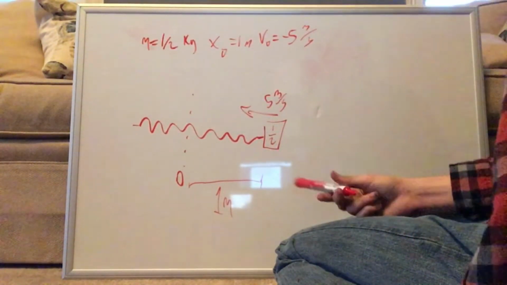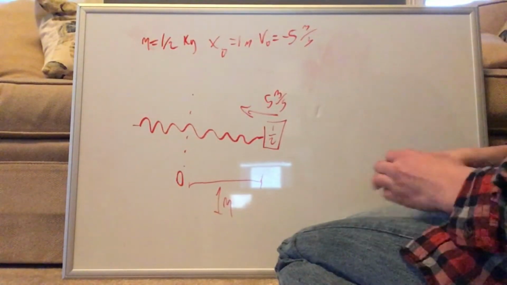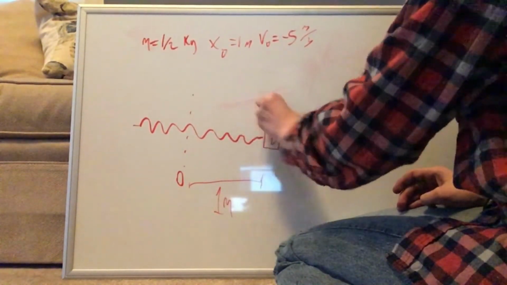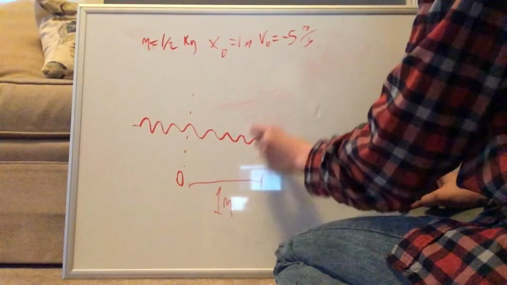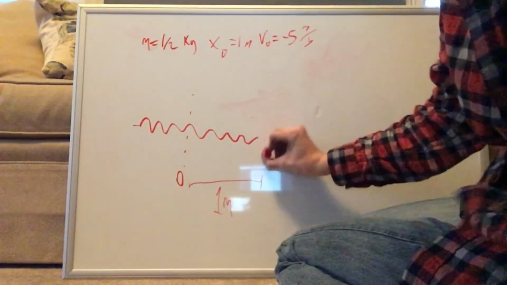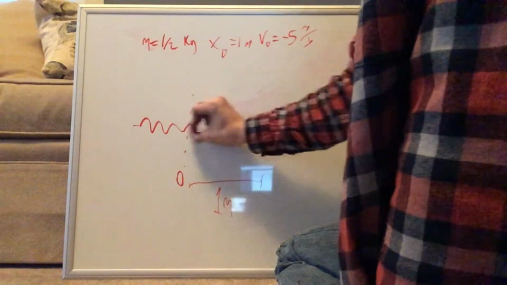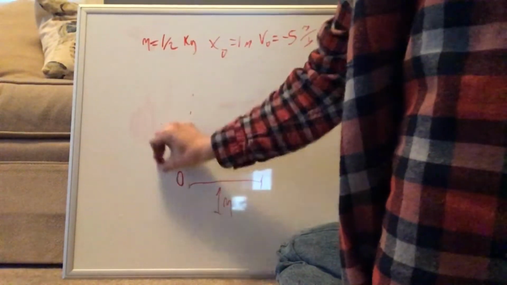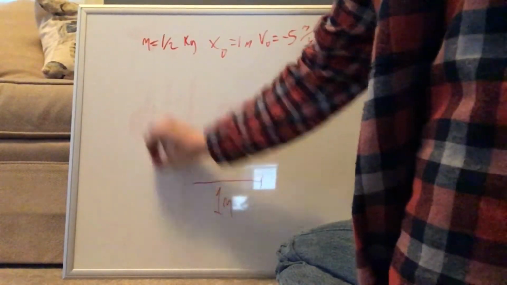So we can set up a differential equation for this pretty simply. If we remember, I think it's Hooke's law, which is that the force applied by the spring is proportional to the distance from its equilibrium point.